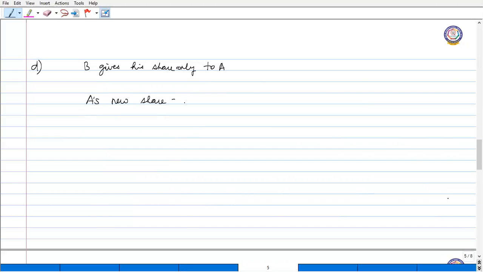Old share 4/9 plus how much he is acquiring from B. B's 1/3 is completely given to A. So 1/3, that is 3/9. So 7/9 is the new share of A.